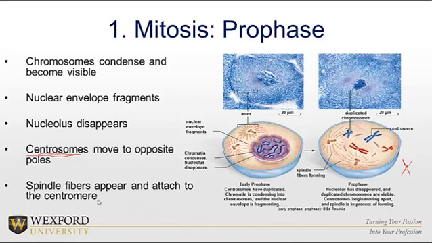And you see those spindle fibers appear and attach to the centromere. So we have spindle fibers attaching to the centromere, and those centrosomes moving to the opposite side. So right now this prophase, it's preliminary. Think of it that way. It's just getting things ready.